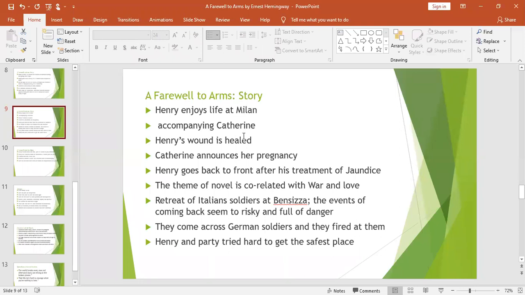So both these characters are correlated with each other. We can say that their love is clear, intense, and complicated too at the same time.